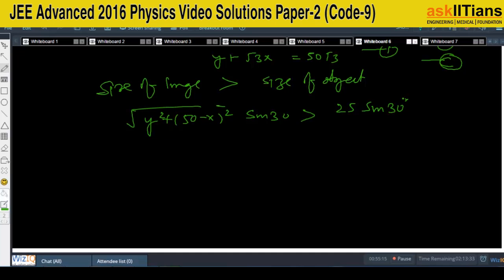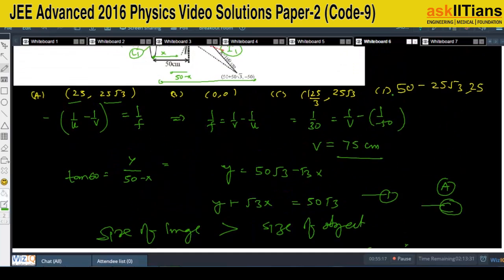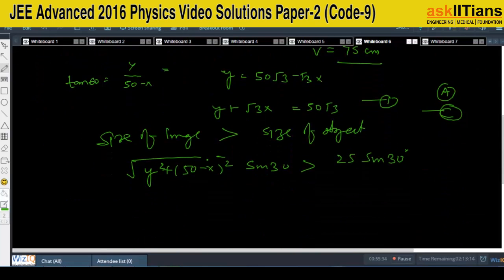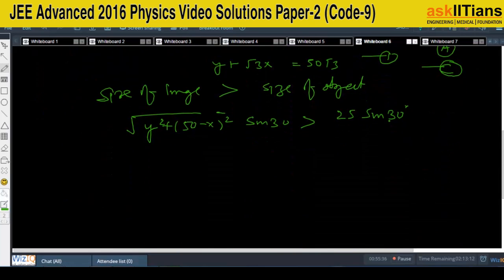Why are we taking 25 sine 30? Because image I1 will form on this side, so I rotate it a little bit, and this distance is 25 sine of 30. This would be equal to the distance we are calculating, z. So for this, z should be greater than 25 sine 30.